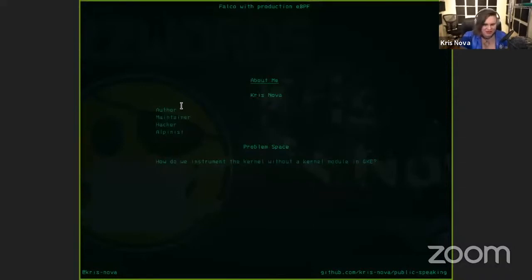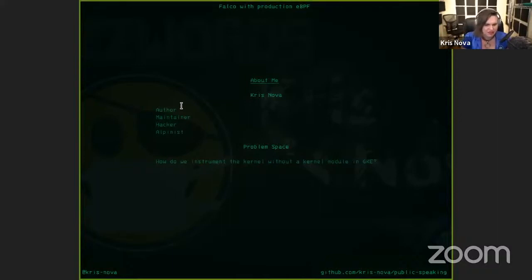Okay, so like all good engineering talks, we begin our story with a question or a problem. Then we discover a set of constraints for that problem as we start to explore it. So the question: how do we instrument the kernel without a kernel module in GKE? We're going to get into how this question was formed in the first place.